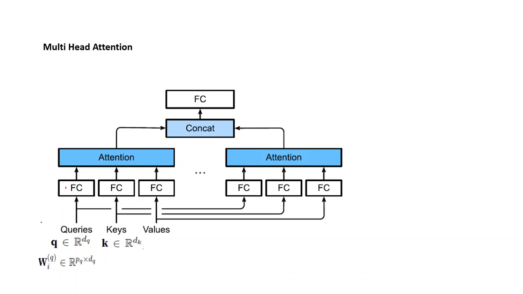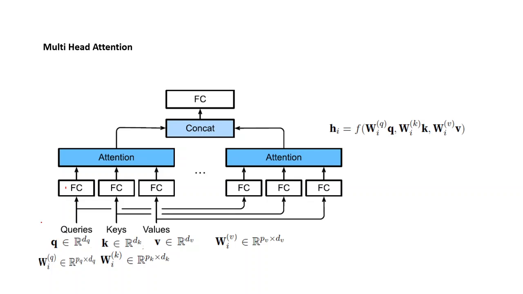Then we consider the key of dimension dk, which will be passed through a fully connected layer whose weights have the dimension pk cross dk, and the values we are considering have a dimension of dv, and those will be linearly transformed with weights of dimension pv cross dv.